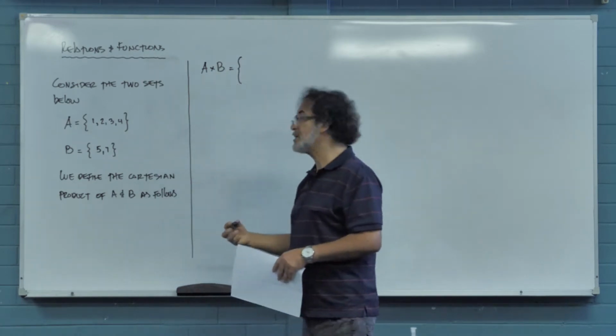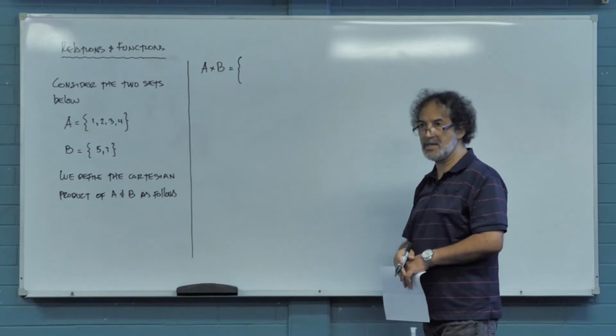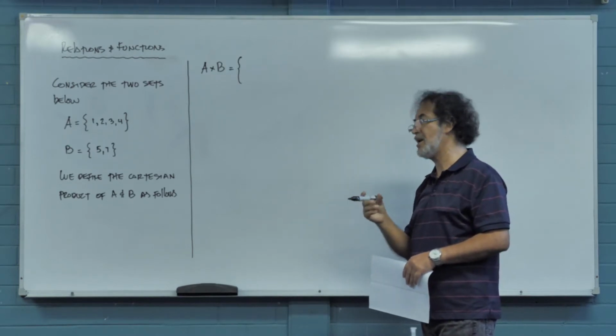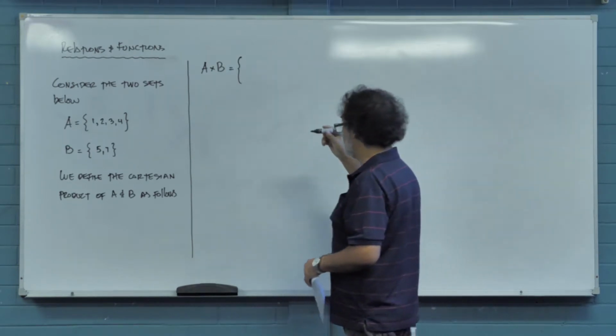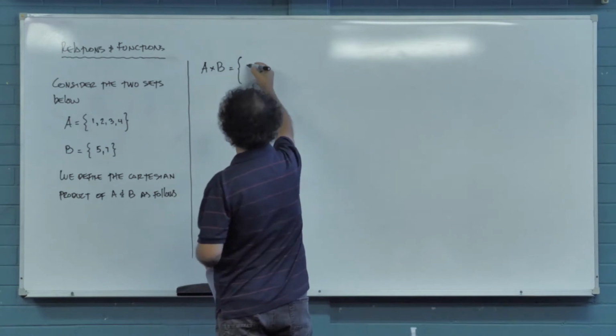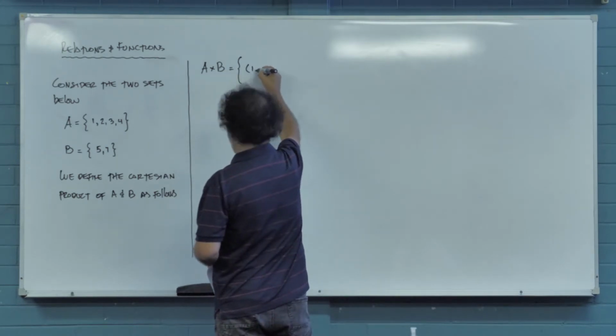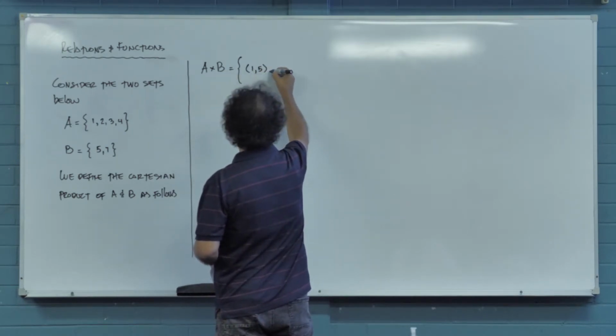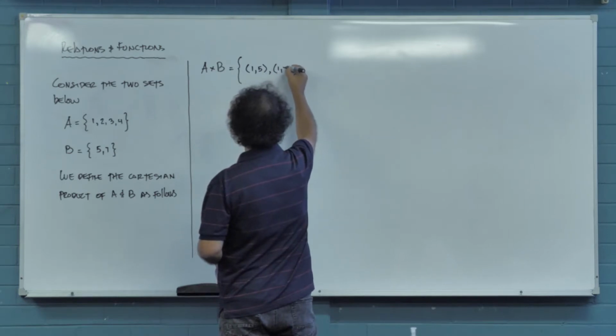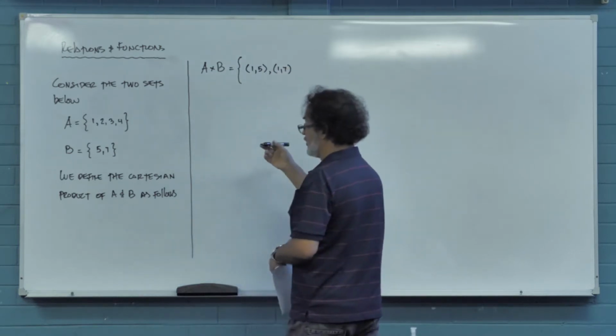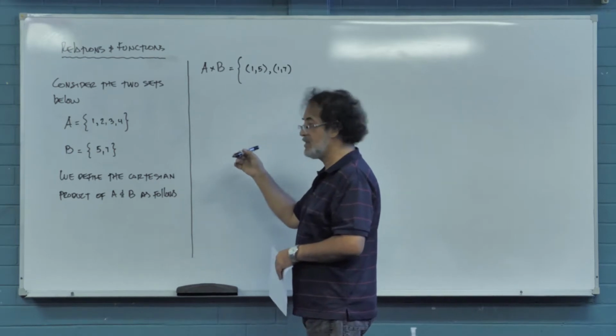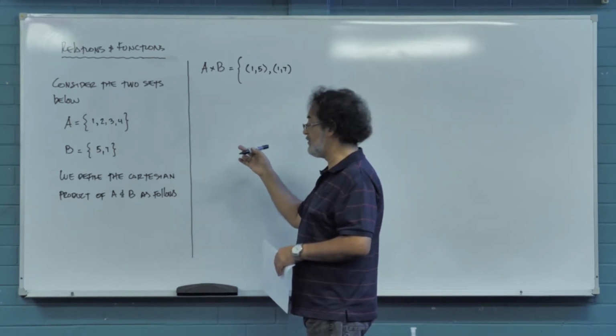So the product is going to be a set of ordered pairs. So we're going to have points. The first one, if you do the multiplication, we're going to have (1, 5), (1, 7). And then we're going to have (2, 5), (2, 7), (3, 5), (3, 7), and then (4, 5), (4, 7).